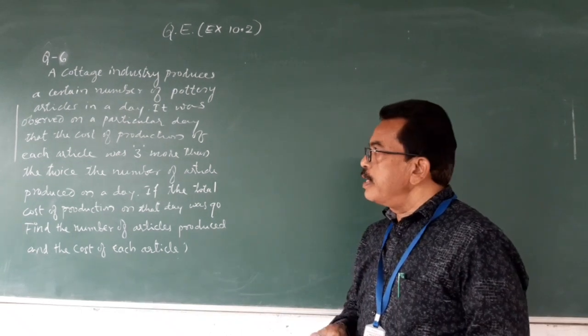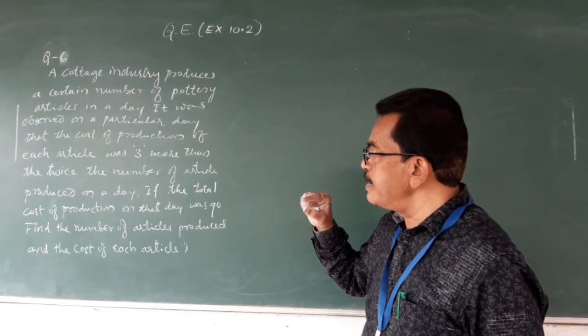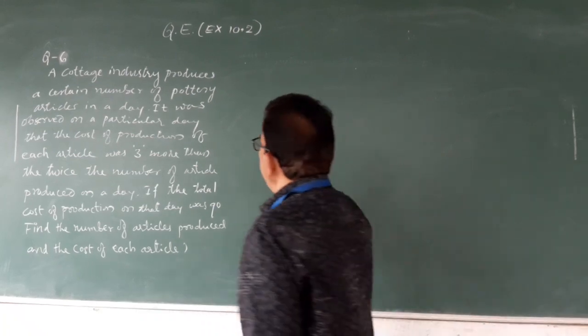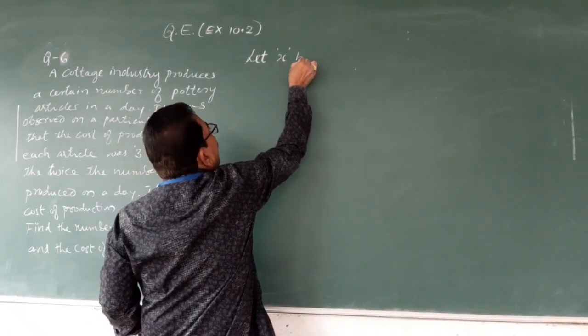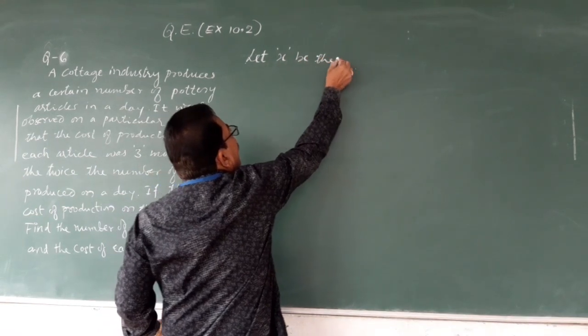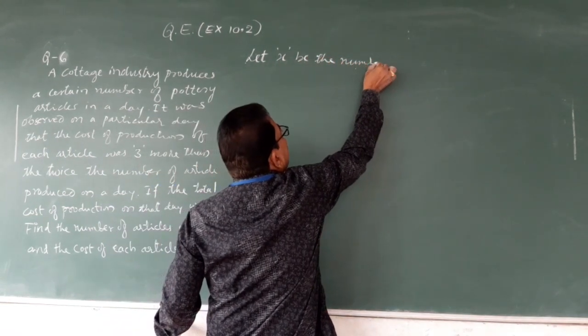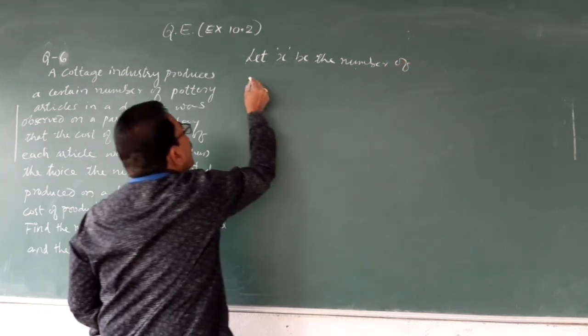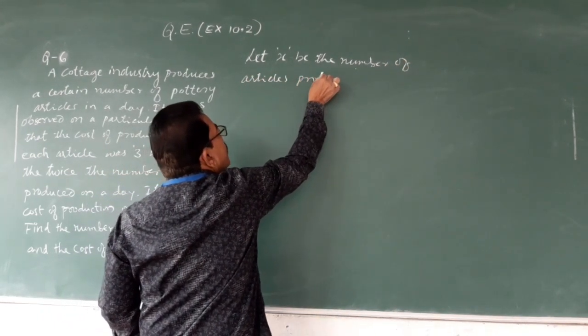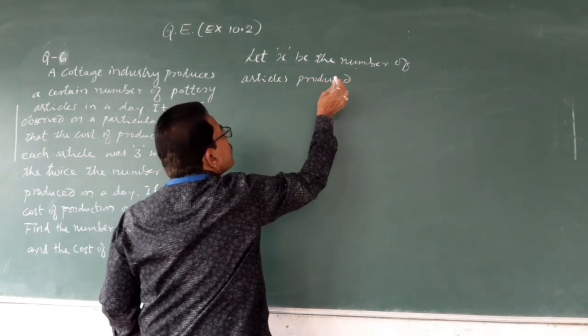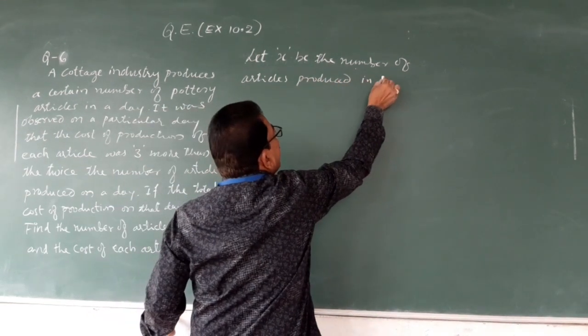Okay, see the last one in this exercise, a cottage in the street. Let x be the number of articles produced in a day.